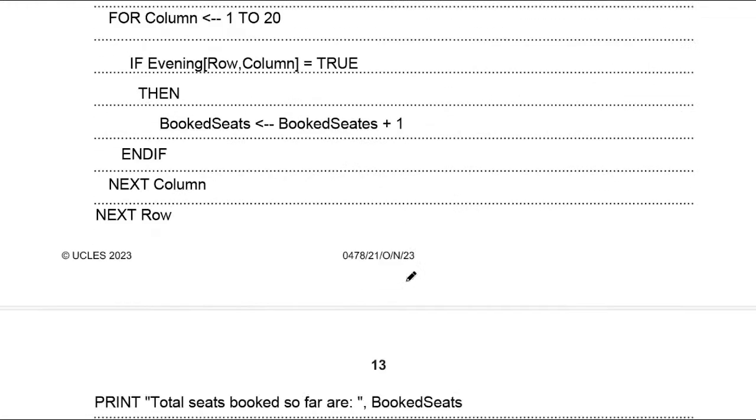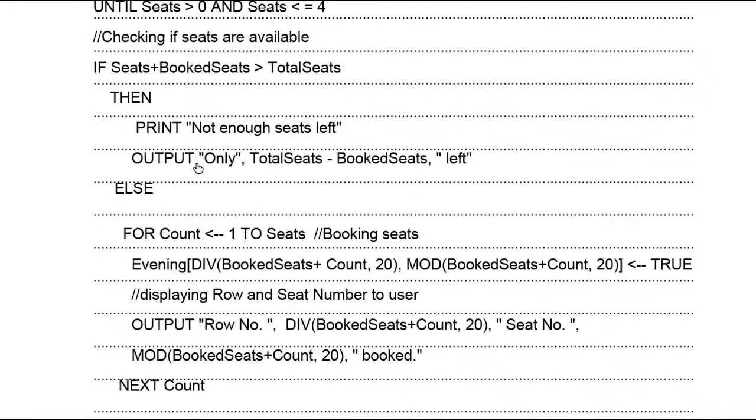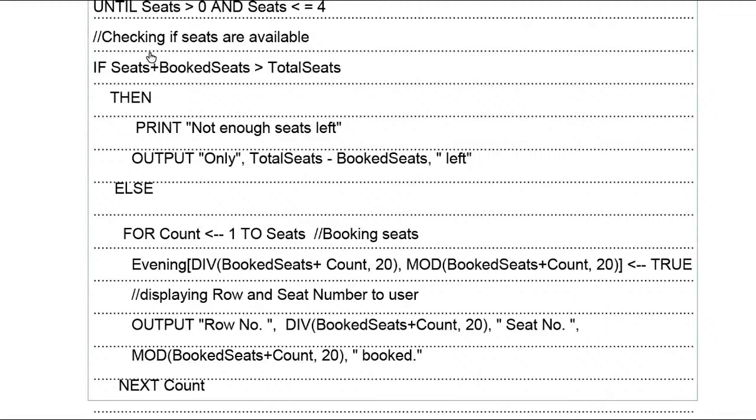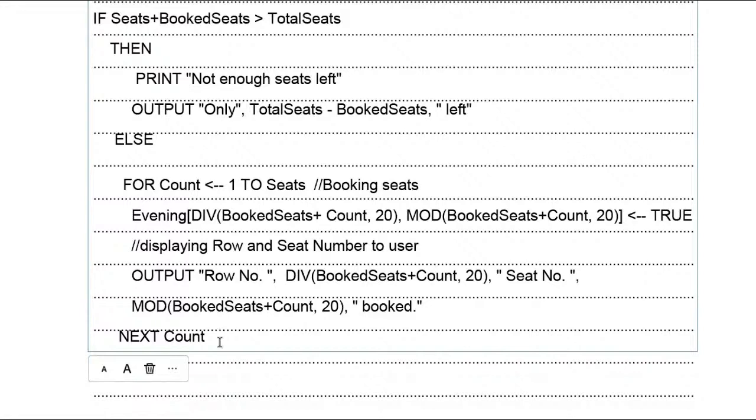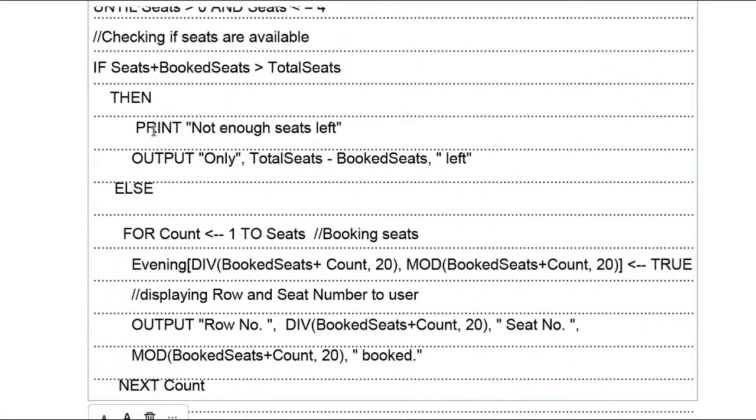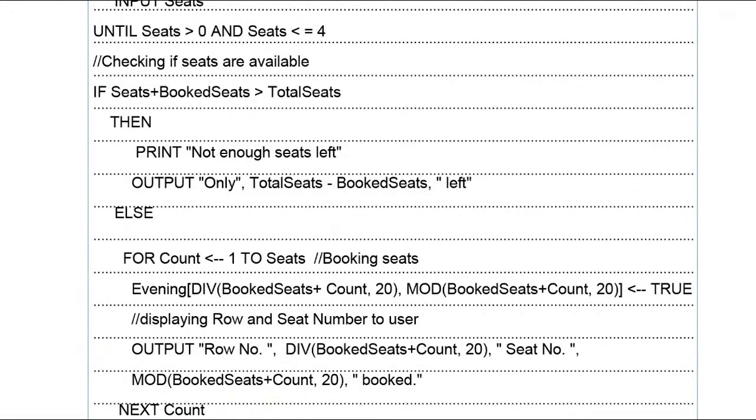We did not really take care of it. We did not handle the case where not enough seats are left. We did not include the house full criteria, so let's do that. Hold on a minute, we applied one wrong logic. If the seats you're asking for plus booked seats, we can technically make another if statement over here.